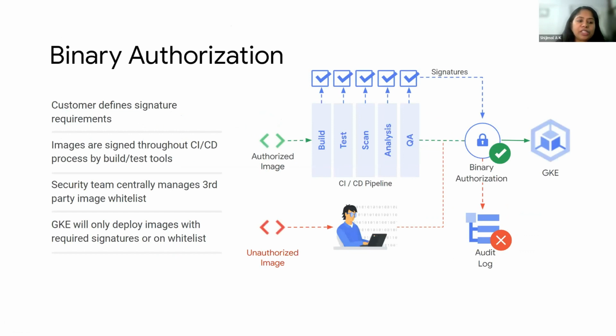Binary authorization, a little bit more double clicking into that: you sign in each stage of the CI/CD deployment. At each stage, build, test, scan, analysis, you sign, and you have binary authorization to make sure that the stages are signed off. Even if there is a single failed signature, that means the image is not trusted and it's rejected.